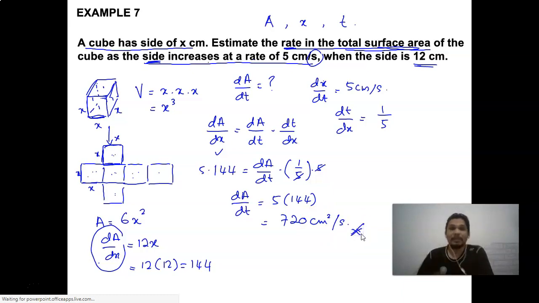Okay, so class, when it comes up with the term of rate, increase at a rate, it means the changes of something with respect to time. Rate, we have to call the changes of something, we have something S here, with respect to time.